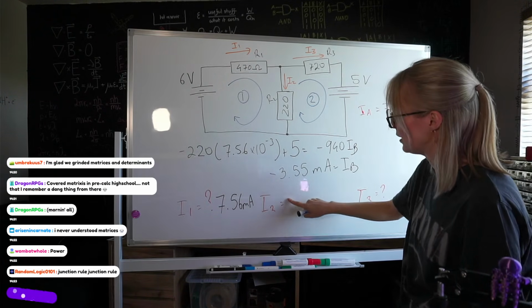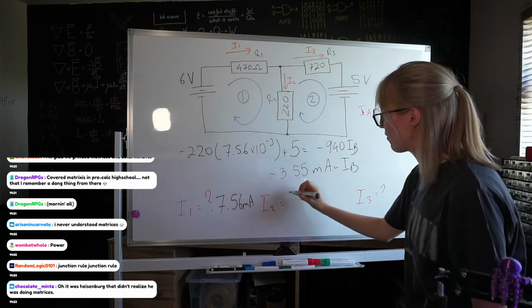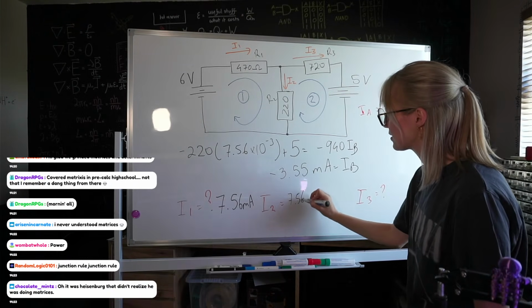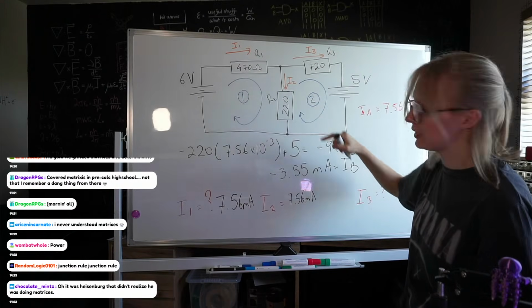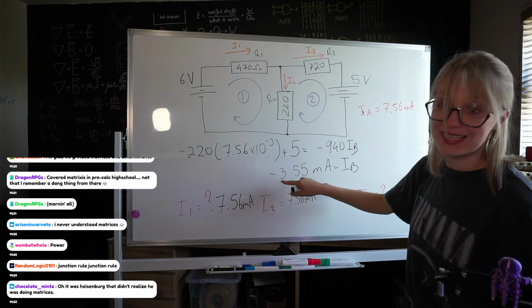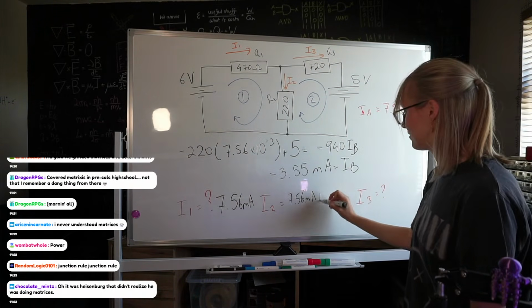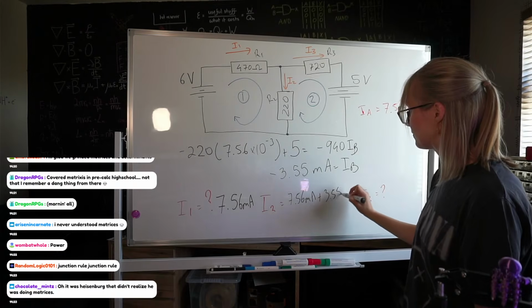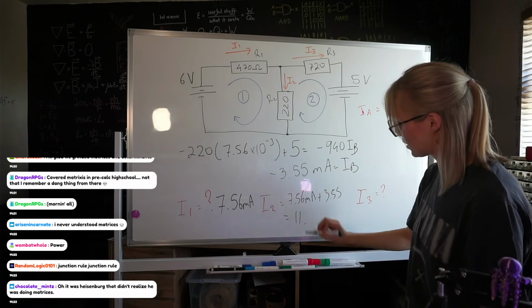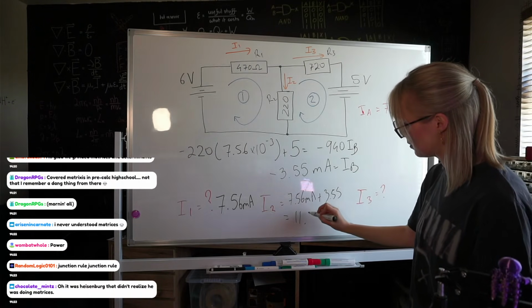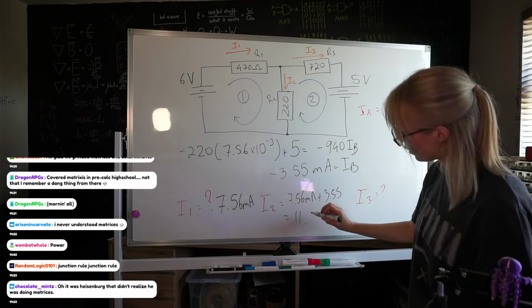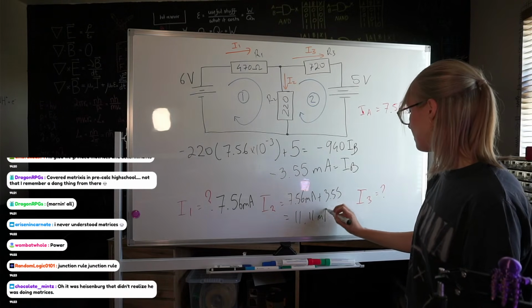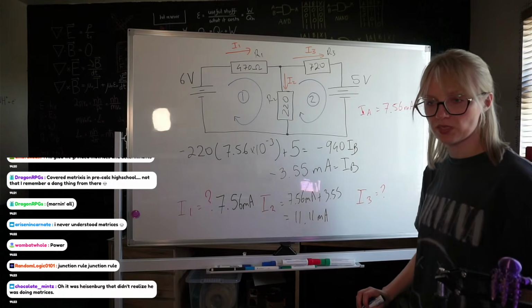That's going to be 7.56 amps minus loop A, which is IB. But it's minus, so it becomes a plus. So the total current is what? 11.11 milliamps. Did I do my mental maths correctly?